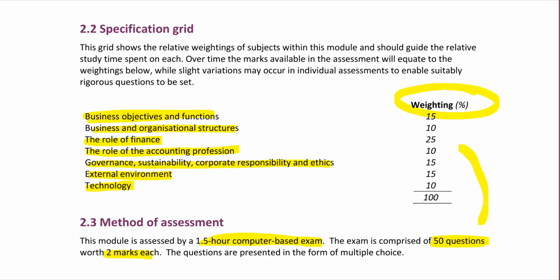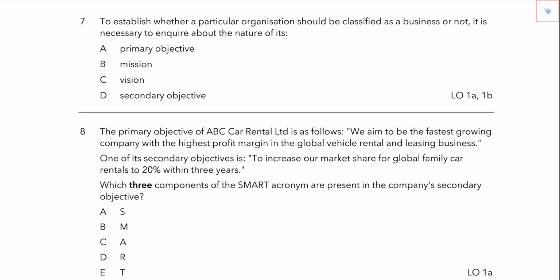What I'm going to show you now is I'm going to dip into our question bank to show you a couple of examples of questions, just so you have an idea of what we're aiming for. So if we flick over to the question bank, we've got one question that says to establish whether a particular organisation should be classified as a business or not, it is necessary to inquire about the nature of it.